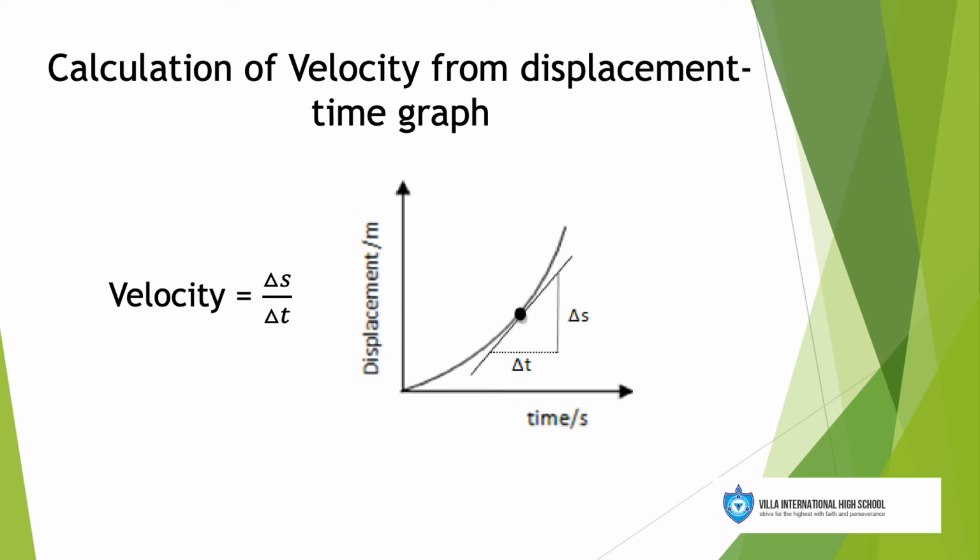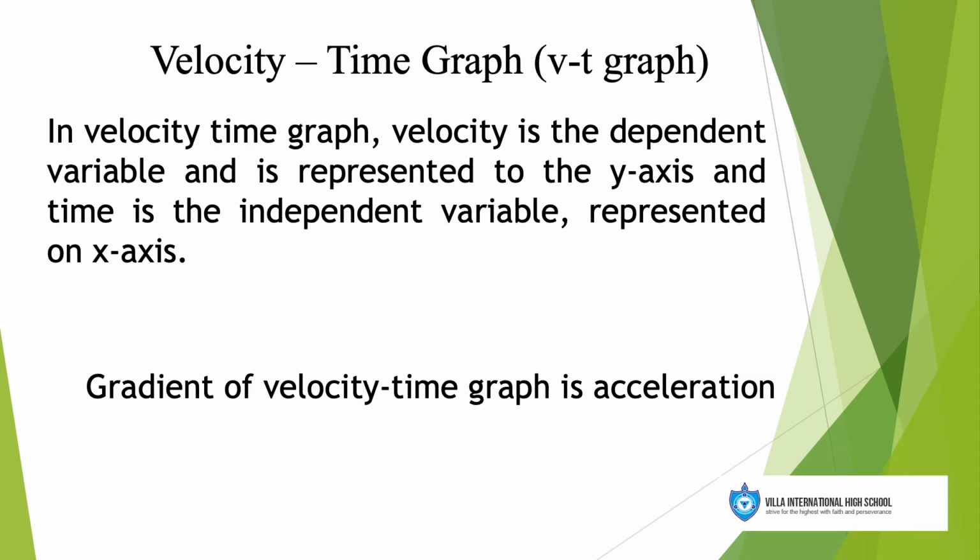So now we are going to study the next graph, the velocity time graph. In a velocity time graph, we plot velocity on the y-axis and time on the x-axis. Velocity is the dependent variable and time is the independent variable. The important concept about the velocity time graph is that the gradient of a velocity time graph is acceleration.